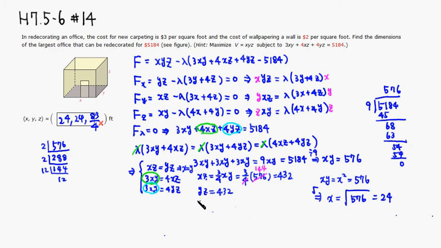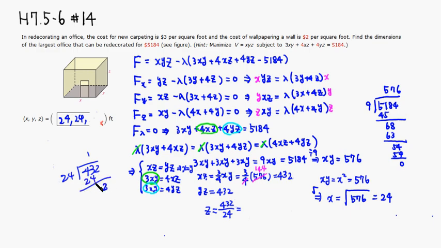I don't think everything else is going to be affected, so 24 is still 24. So z is going to be equal to 432 divided by 24. Hopefully this is going to be a nice number. I'm going to erase this, and that was wrong. So 432 divided by 24.